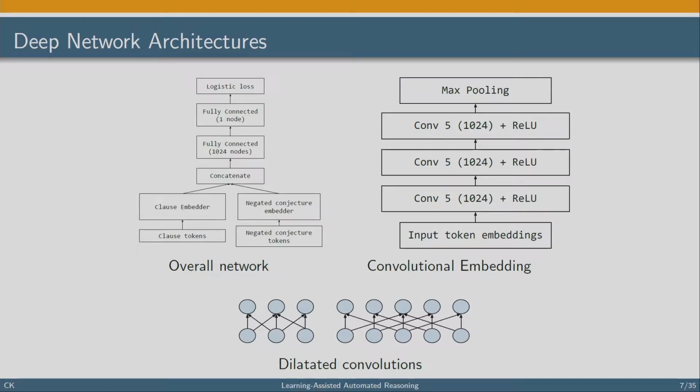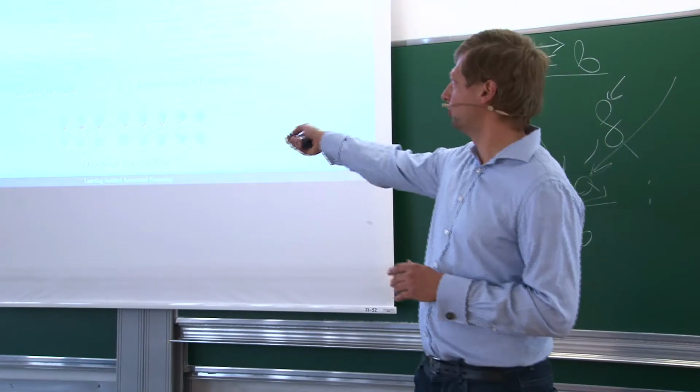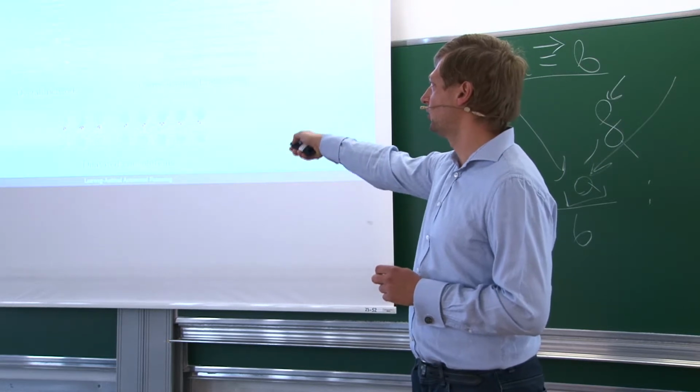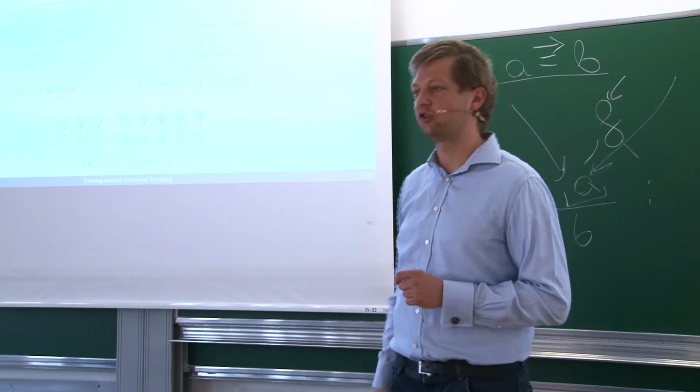Actually, it was only by powers of 2, so 2, 4, 8, and so on. This way, we recover the possibility that parts of a statement that are further from each other can start interacting. I will come back to this point. We are combining an embedding of the clause with the embedding of the negated conjecture.